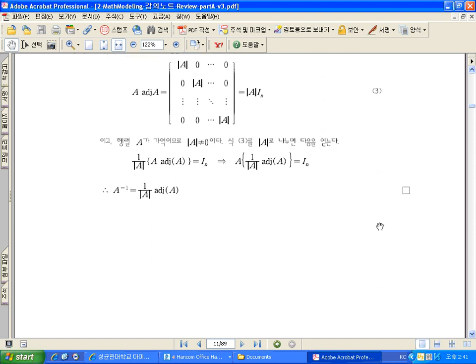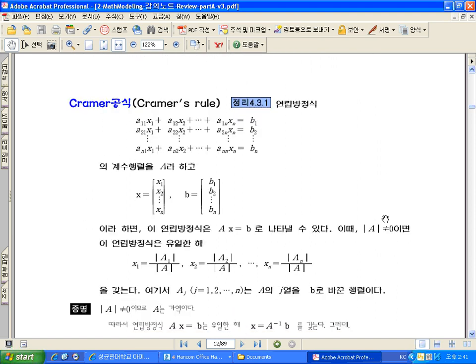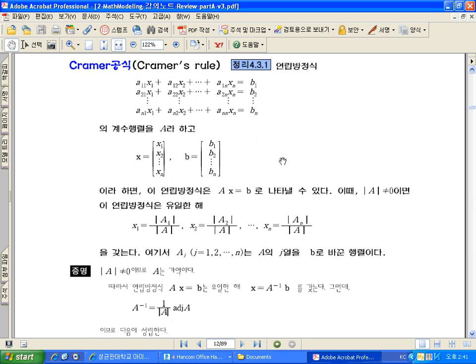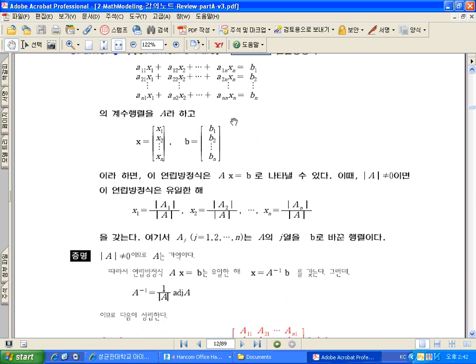Okay, with this formula for the inverse of A, the theorem, Cramer's rule, can be proved. Okay, what is Cramer's rule? Suppose we have this linear system of equations, Ax is equal to b.